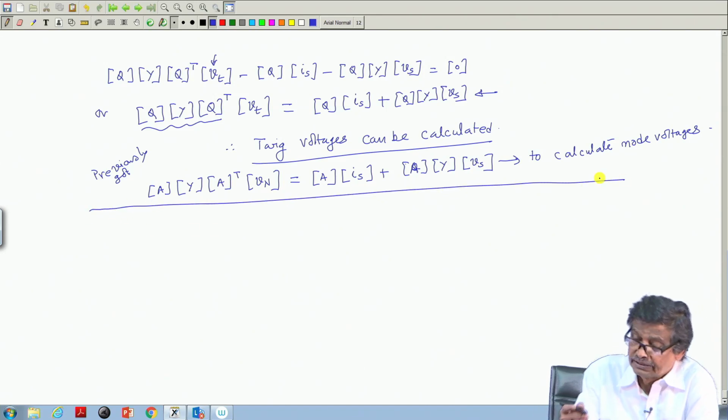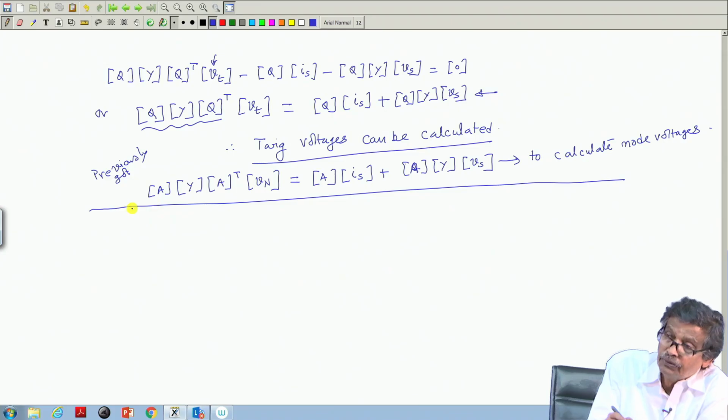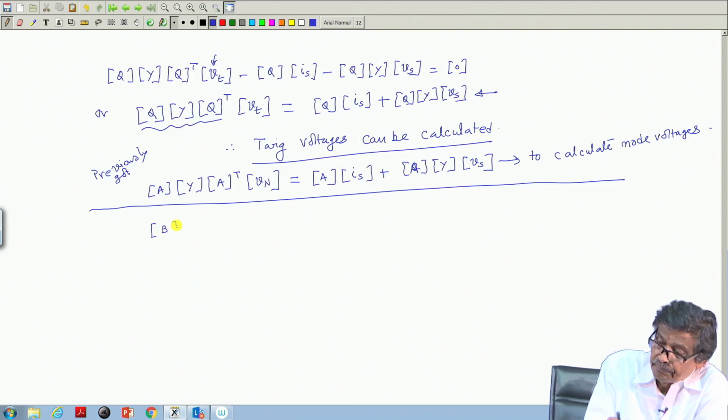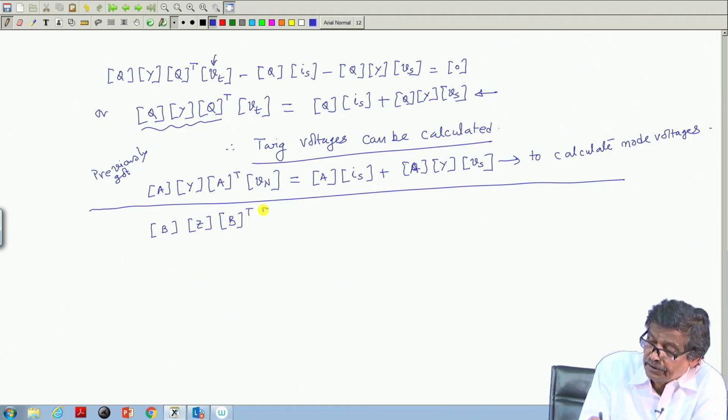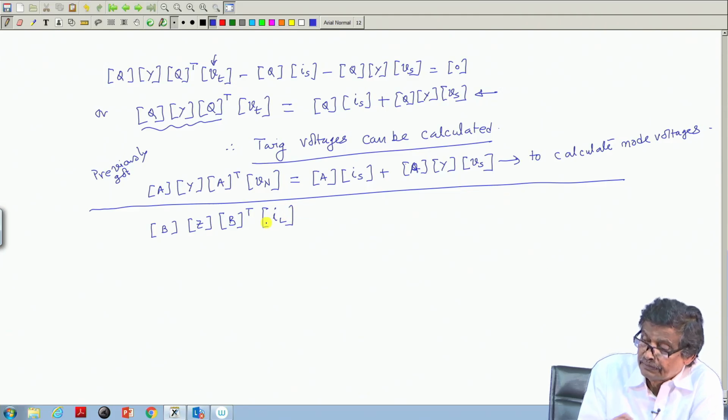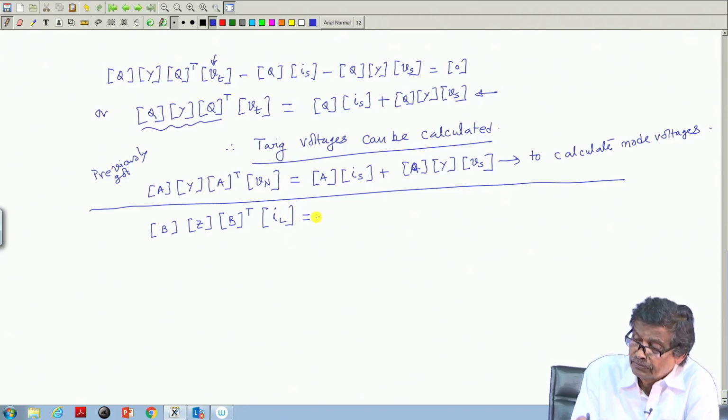The third, the loop method. In the loop method we got B Z B transpose into the fundamental loop currents is equal to this, both the signs were minus there.